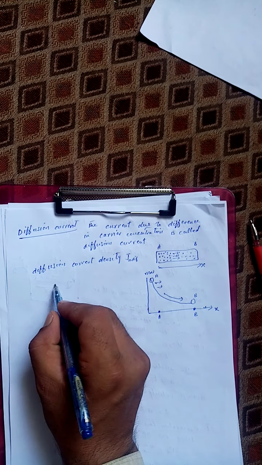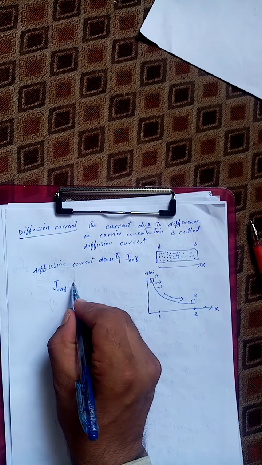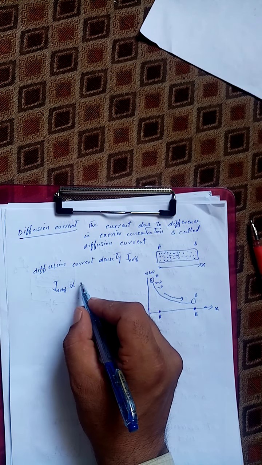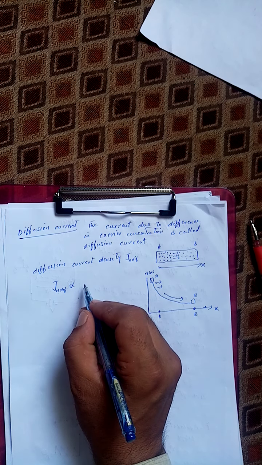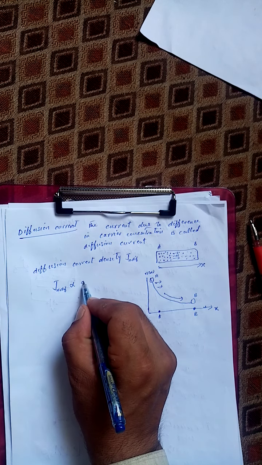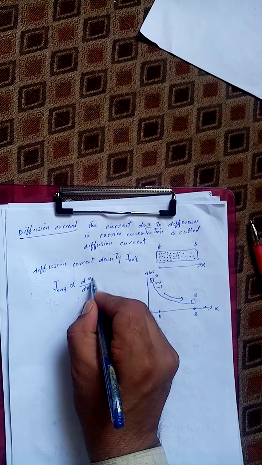And this diffusion current density, Jn diffusion, is proportional to the concentration gradient, meaning the concentration of charge with respect to X or distance, proportional to d over dx of qn.